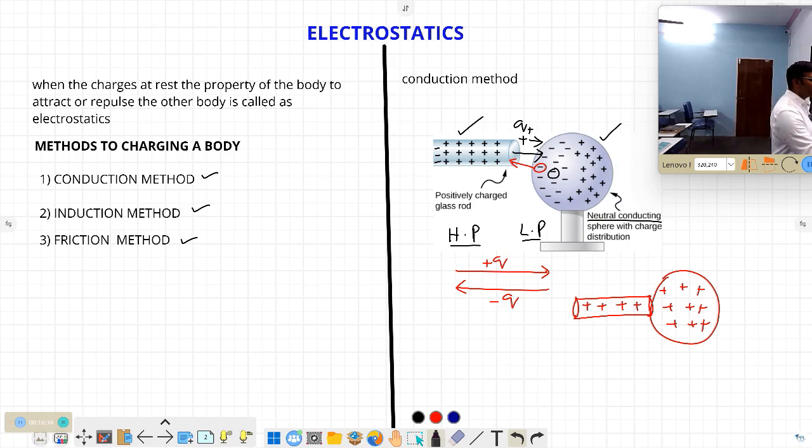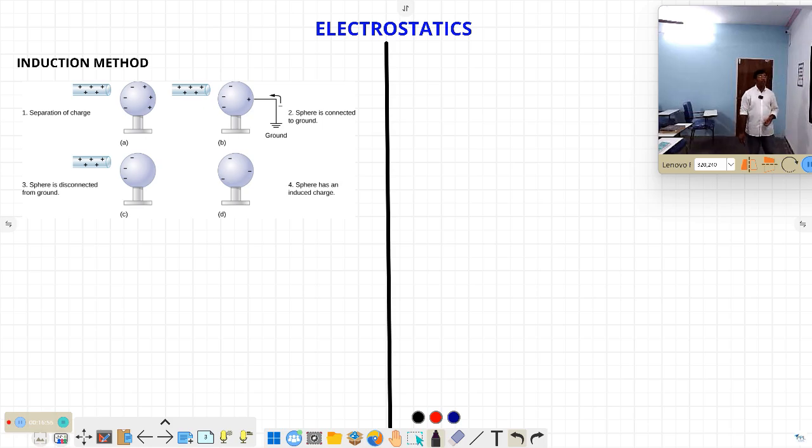In this case, both become positively charged. This method of transferring charges from one body to another and making the other body charged is called the method of conduction. We make an uncharged body into a charged body by contacting it directly; this is called the conduction method.